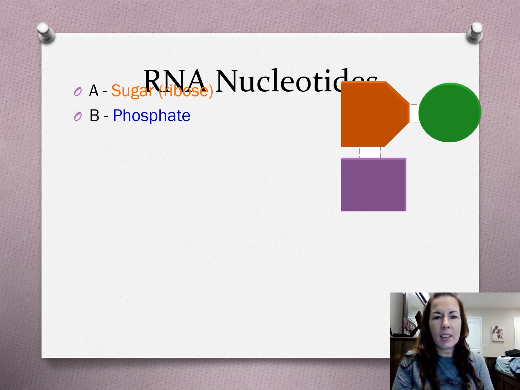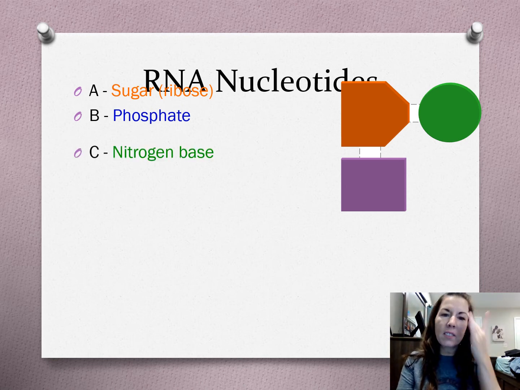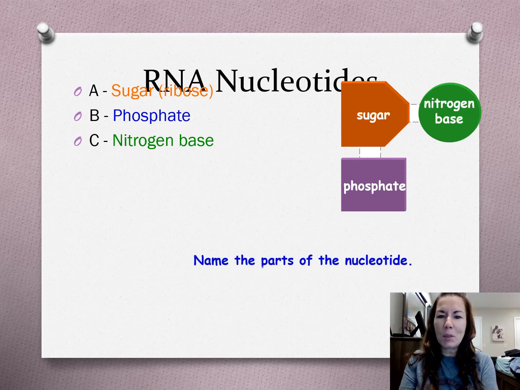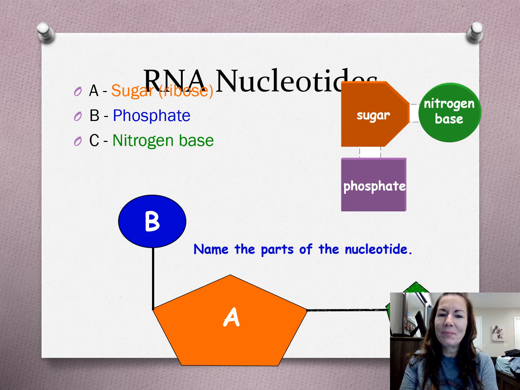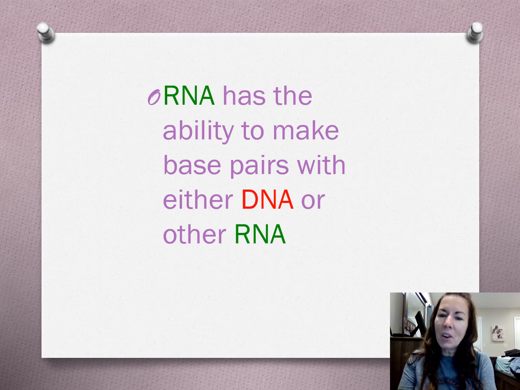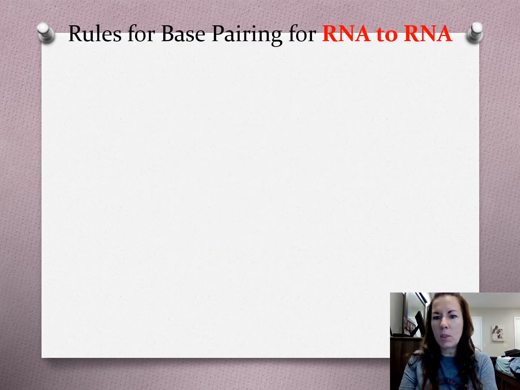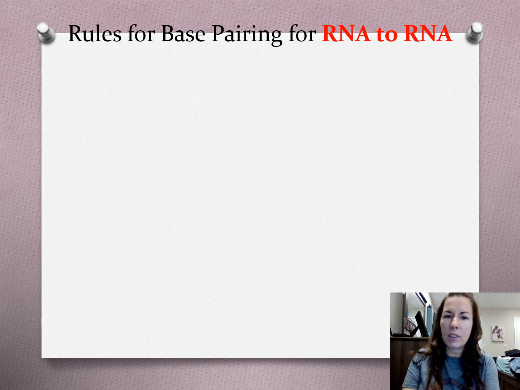So RNA has a sugar, which is ribose instead of deoxyribose. It has a phosphate, and it has a nitrogen base. And RNA can make pairs with DNA or other RNA, which is really important with transcription and translation.